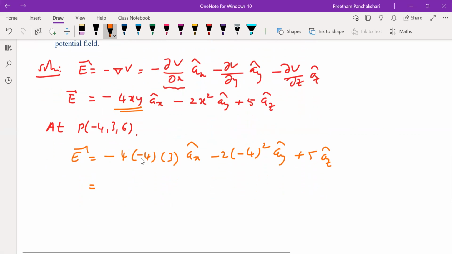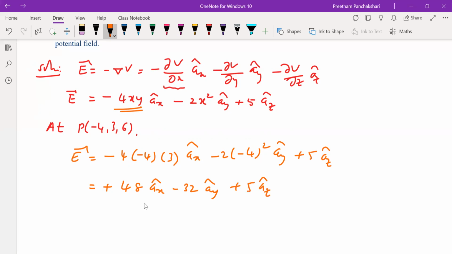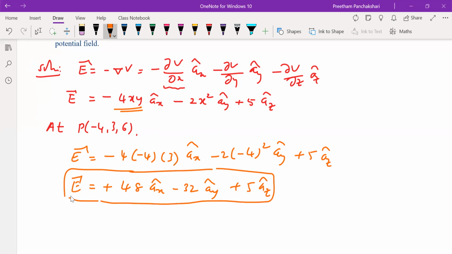Minus into minus plus, so it's going to be 48. And minus 4 square is plus 16, so 32, and plus 5. This is the field at the given point, volts per meter.